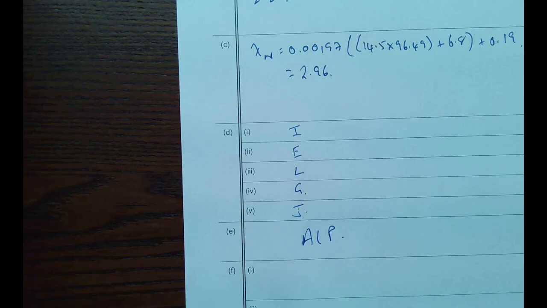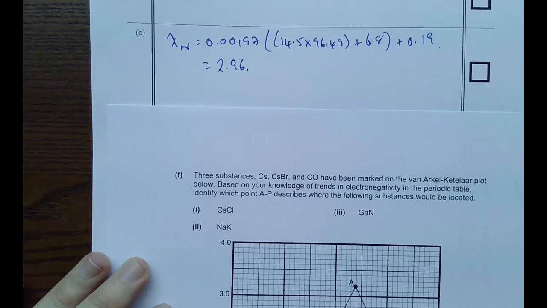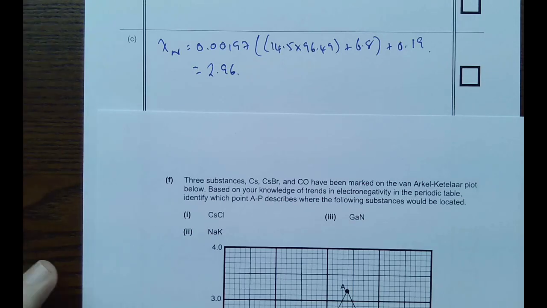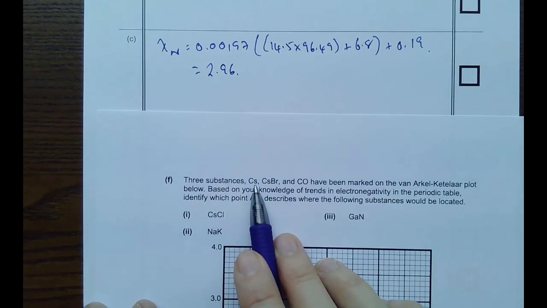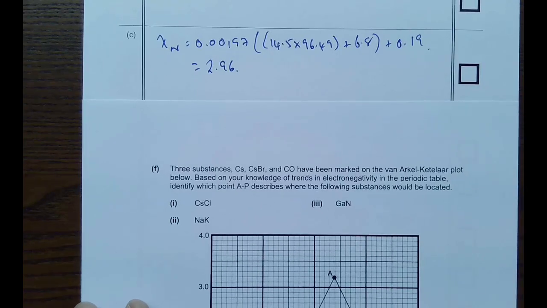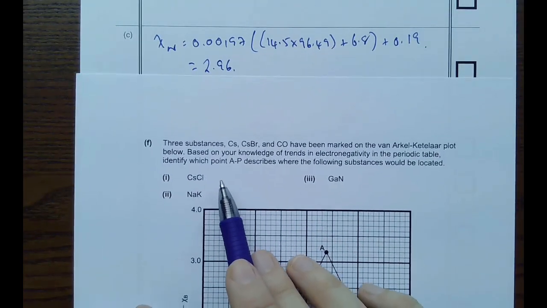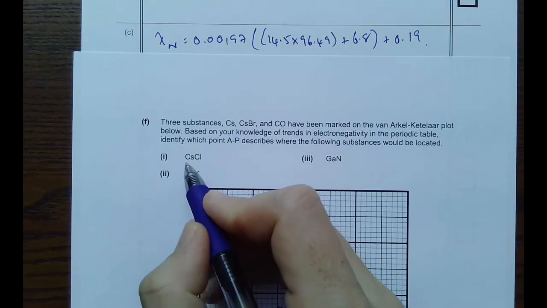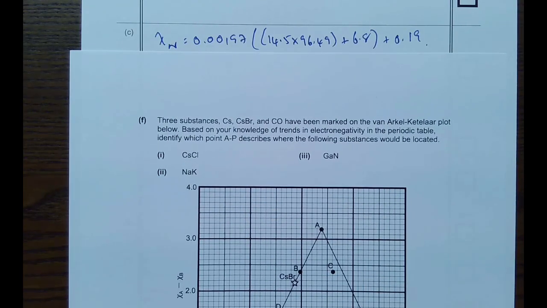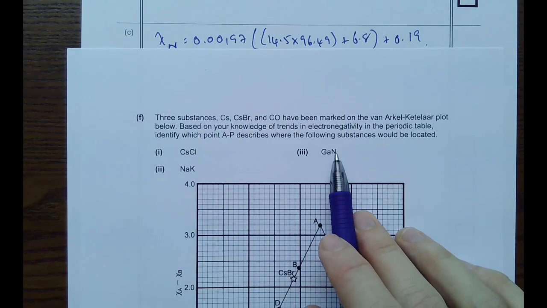And now the next question, I think, is a really nice question. So we have 3 substances. Cesium bromide and carbon monoxide have been marked onto another Van Arkel-Ketelaar plot. Based on your knowledge of trends, try and identify which point it is. So CsCl, NaK and GaN.